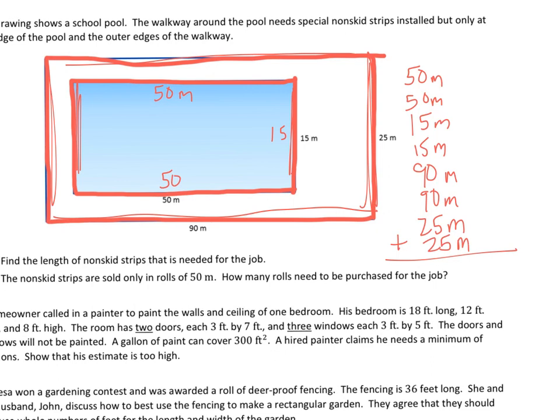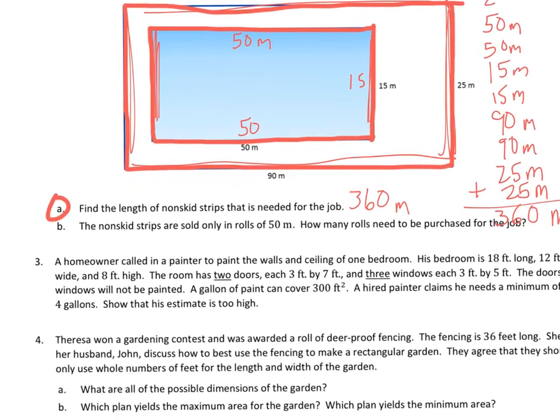And I see I have 10, 20, 10, and it looks like we're going to end up with our total of 360. And that's going to be meters because we're only looking at length here. So 360 meters of total length for this.